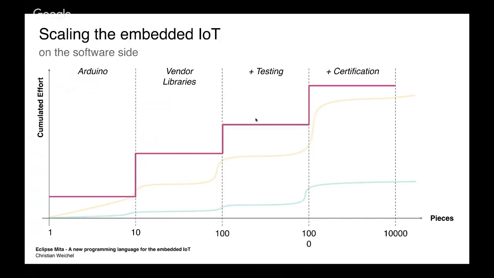And lastly, when it comes to certification, not only will you need particular features, which you're unlikely to find in sort of the prototyping libraries, as well as you need to be really, really sure that your device does what you want it to do. So you'll need a lot of control over the software in your device.